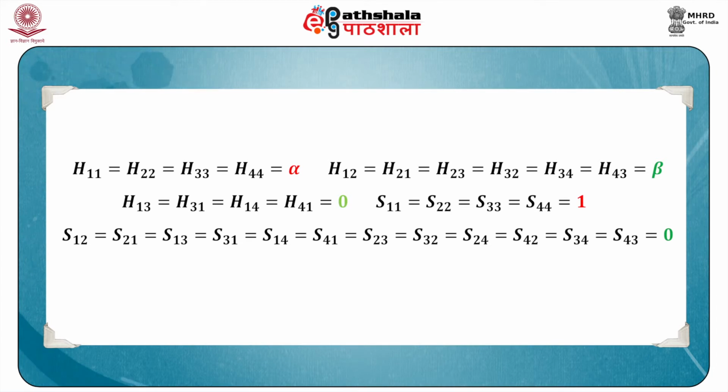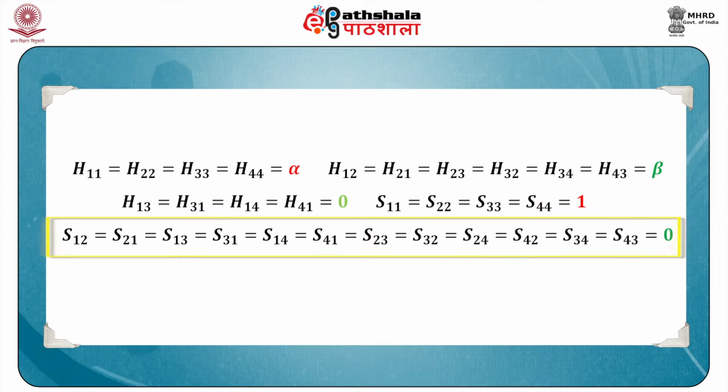Similarly, for overlap integrals Sij, for i equal to j it will be taken as 1, and for i not equal to j it will be taken to be 0. So in the present case, S11, S22, S33, S44 will individually be equal to 1.